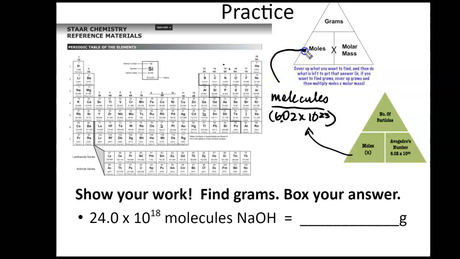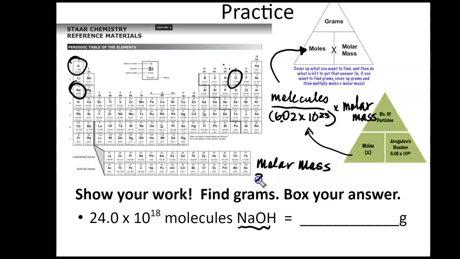Then we need grams, so we're going to multiply it by the molar mass, in this case the molar mass of sodium hydroxide. So let's go ahead and start by getting the molar mass of sodium hydroxide. So I'm going to be looking up the masses of sodium, oxygen, and hydrogen.